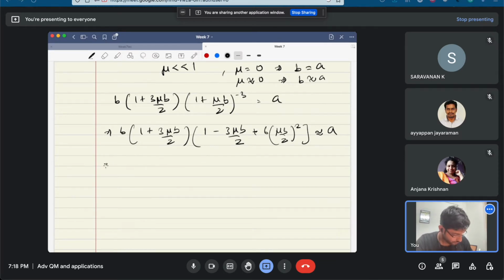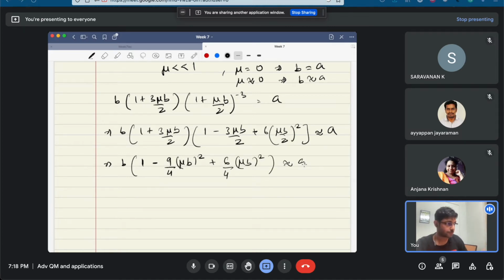Now taking only the terms up to square, the minus 3 mu by 2 and plus 3 mu by 2 cancel out, and we have 9 by 4 mu b square and 6 by 4 mu b square, and we just ignore all the higher order terms. So what we get from here is b times 1 minus 3 by 4 mu b square equals a.